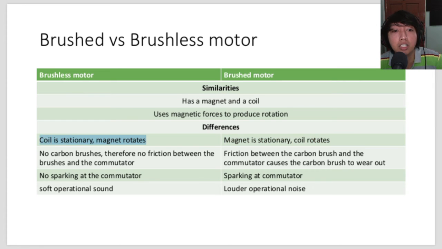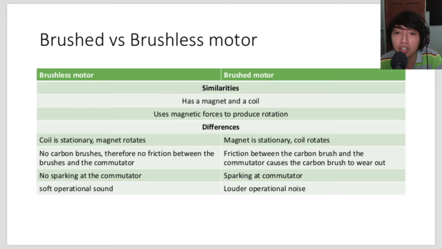However, it's the opposite for the brushless motor. The coil is stationary, it's the magnet that rotates. Because it's the magnet that rotates instead of the coil, there is no need for the brush. There is no need to keep on changing the direction of the circuit in the coil because the coil is not turning. It's the magnet that's turning.